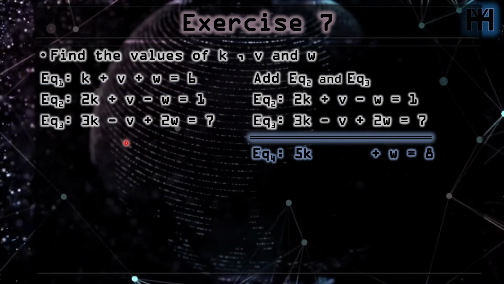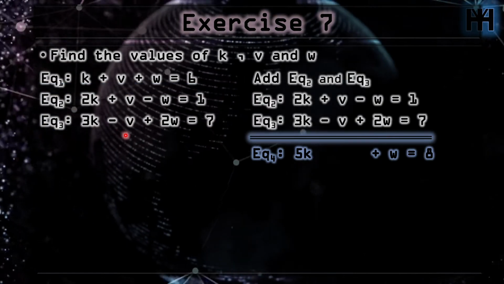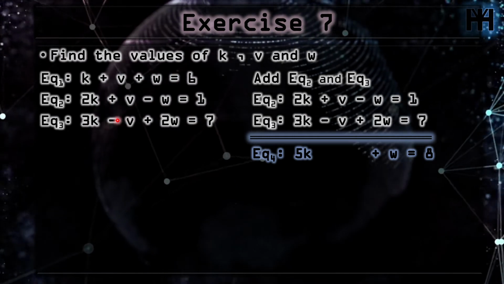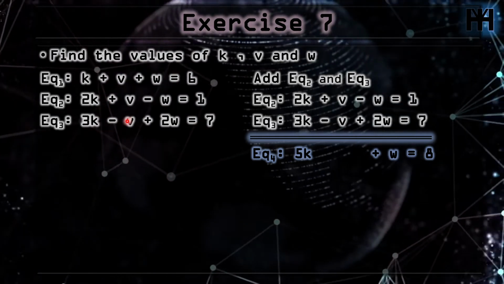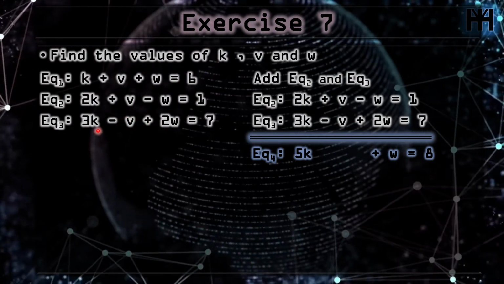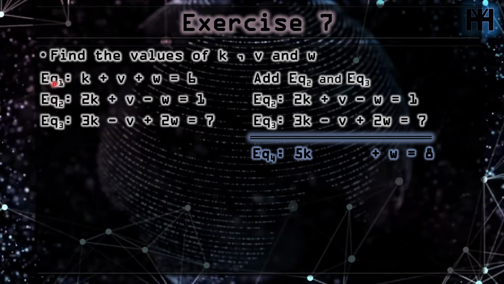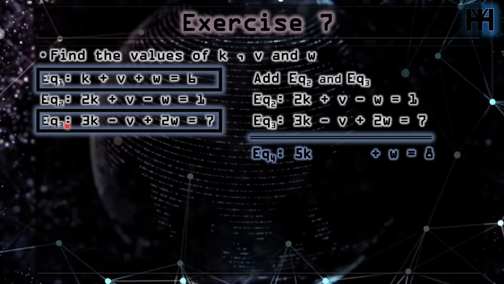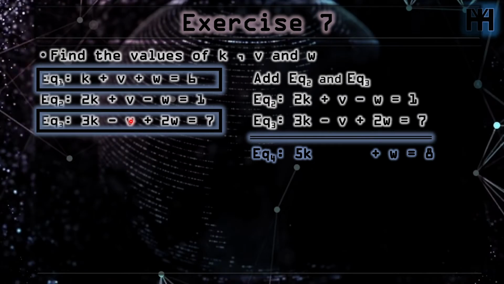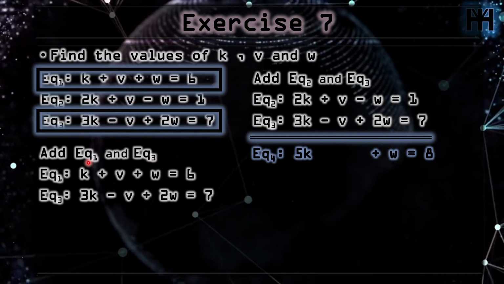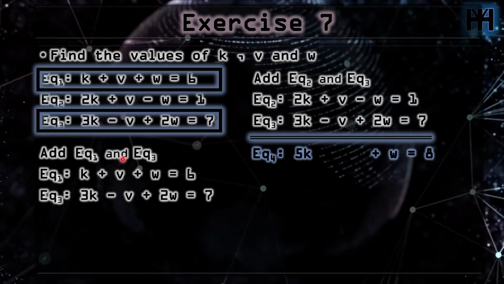Where else can we remove the v? Even if you couldn't remove it directly, we can multiply both equations, as you remember, so don't worry about it. So we can use equation 1 and equation 3. We can add them together and get rid of the v again.